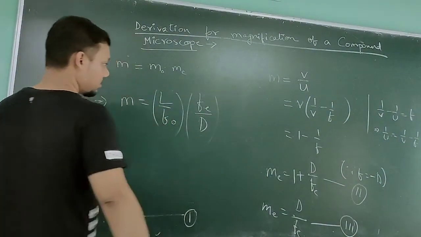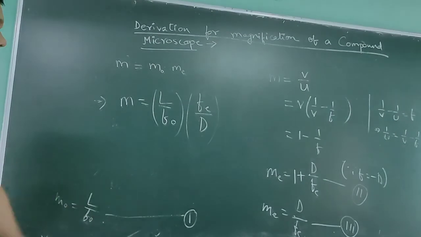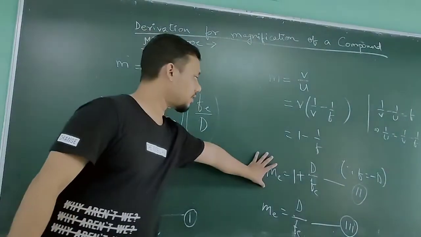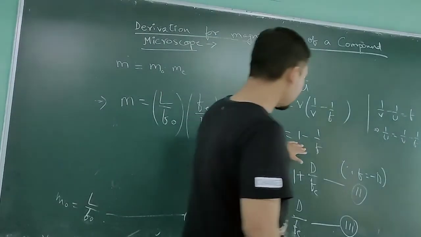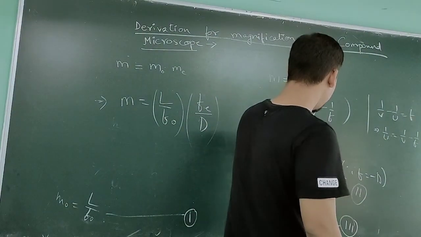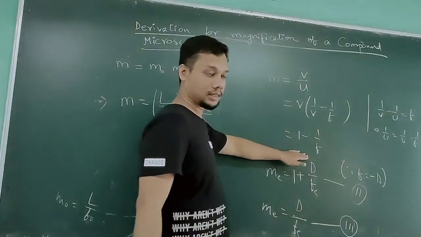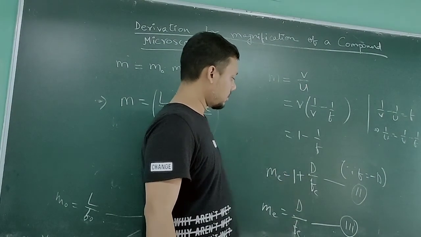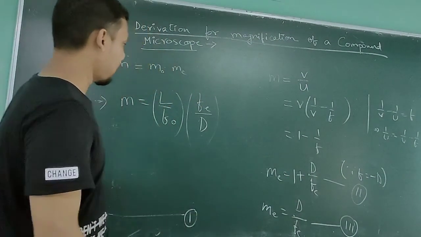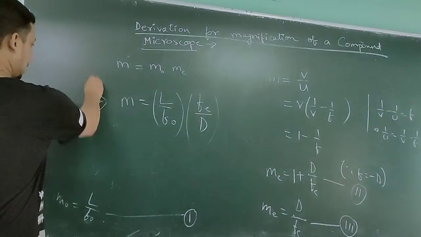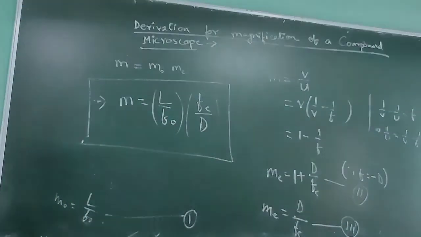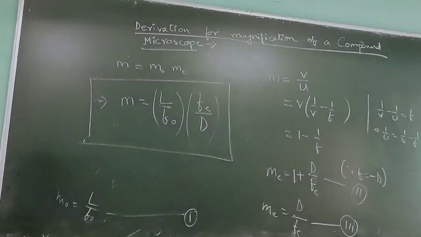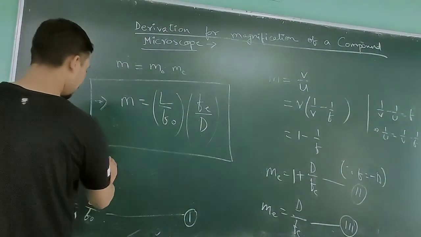Actually, I remember the results, so I could correct it. It was a simple mistake. Because this derivation I have taken from the simple microscope, but here also in v by f I missed one step, so it was mistaken. So now it's correct.